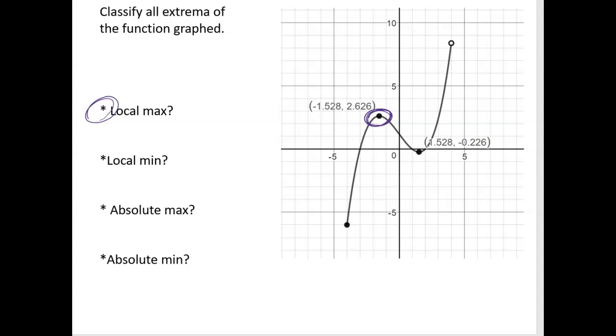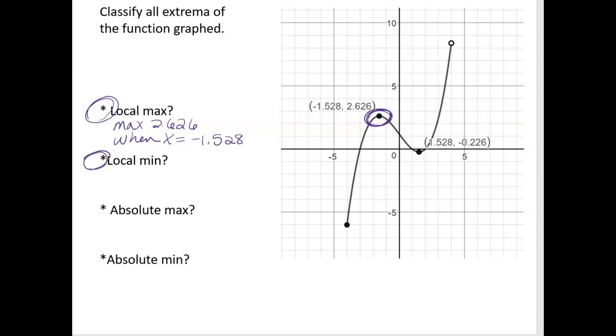Okay, so that is what we consider a local max. All right, and you will say that you have a max value of 2.626, which is that output value, when you have this x value of negative 1.528, okay? And then sometimes they just want you to state the point, but sometimes they'll want you to state it more formally like this.